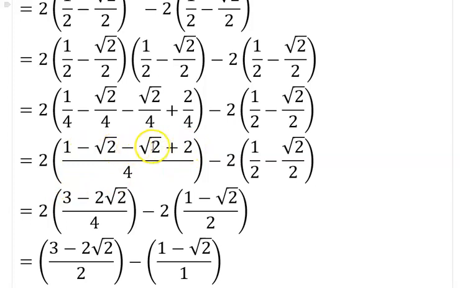Minus root 2 minus root 2 will give you minus 2 root 2. So we bring out this. Beautiful. Now just cut out these 2s: these 2 can go here 1, these 2 can go here 2, this one is remaining 1, and outside this one is remaining 2. So this is the 2. This one, 2 can go here 1, 2 can go here 1. That's how we have 1 here.